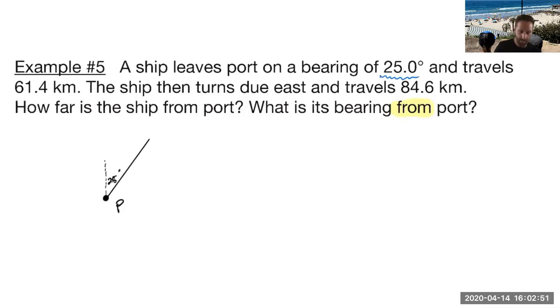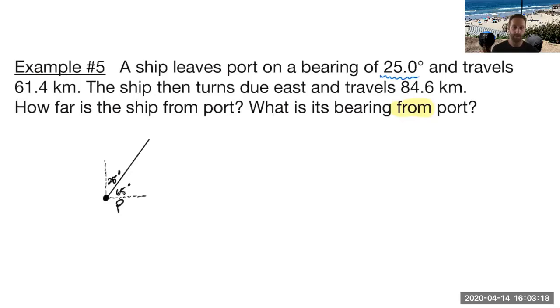So that would be that little angle there. Now, if I wanted to put the east line, I know that those two angles would be complementary, and therefore 90 minus 25 would be 65 degrees. I don't know if I'm going to need it, but hey, since I know it, I might as well put it.